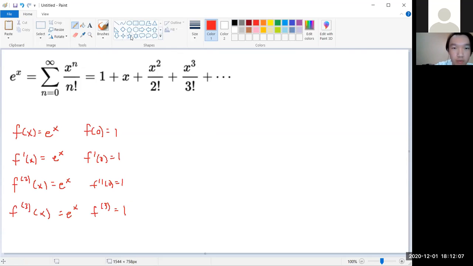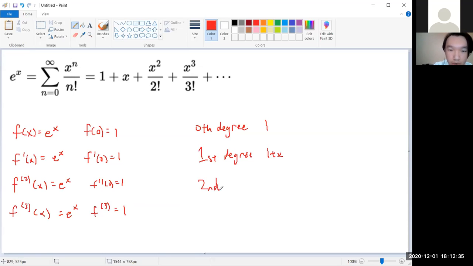So if I take the right hand side now, which is this polynomial, the 0th degree polynomial is just the number 1. The first degree is 1 plus x.